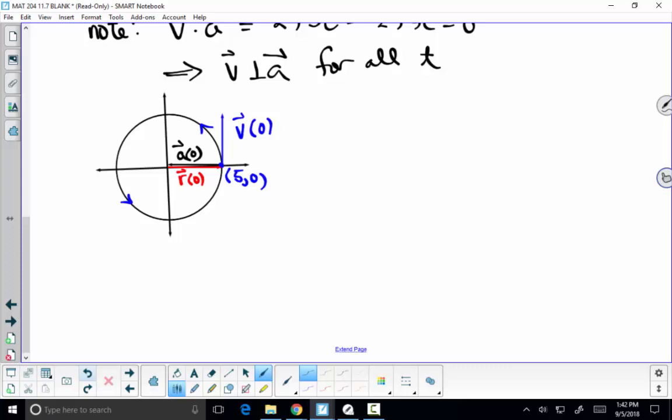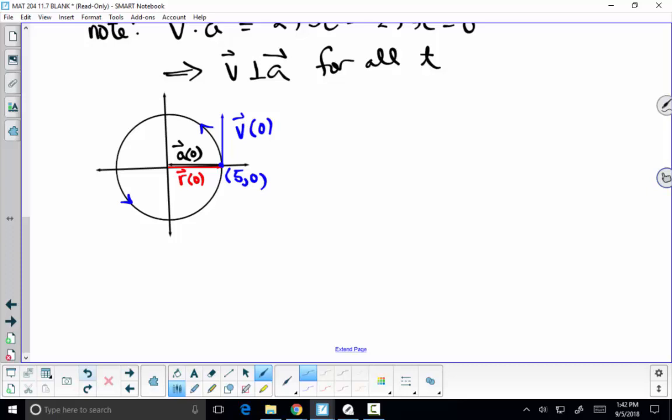Yeah? I can't remember how to determine which way you're going on the orientation. So the velocity is always going to be pointing in the direction of travel. So you have two choices. When you have a parametrized curve, you could plug in a few points and see where we are relative to the other points. You can see which direction you are going as you plug in t equals 0, t equals pi over 4, t equals pi over 2.